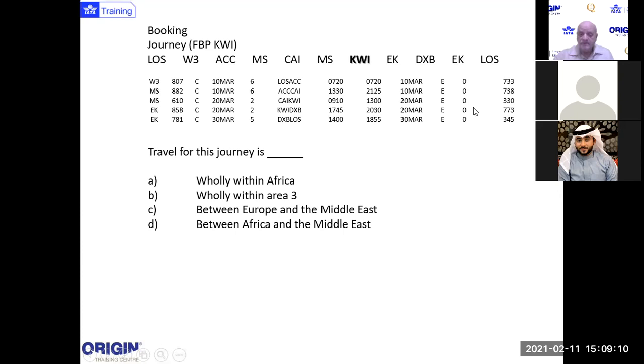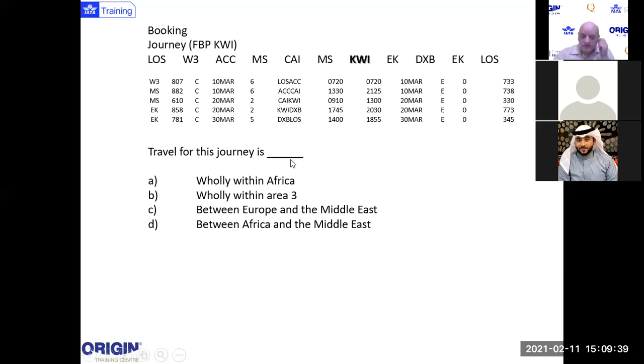Then we've got all the itinerary, okay? You'll notice here, it tells you the departure date and the arrival date. Sometimes it will say +1 or +2 or -1. Sometimes it gives you the actual date. Sometimes it will give you the day of the week. Depends which system you're using.